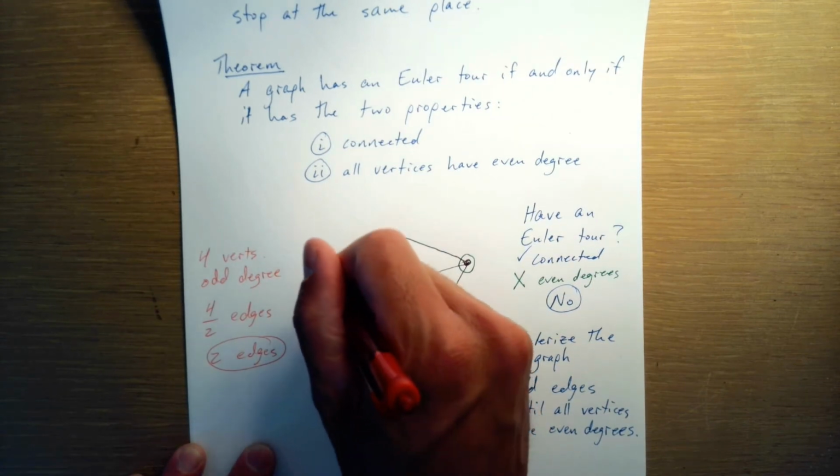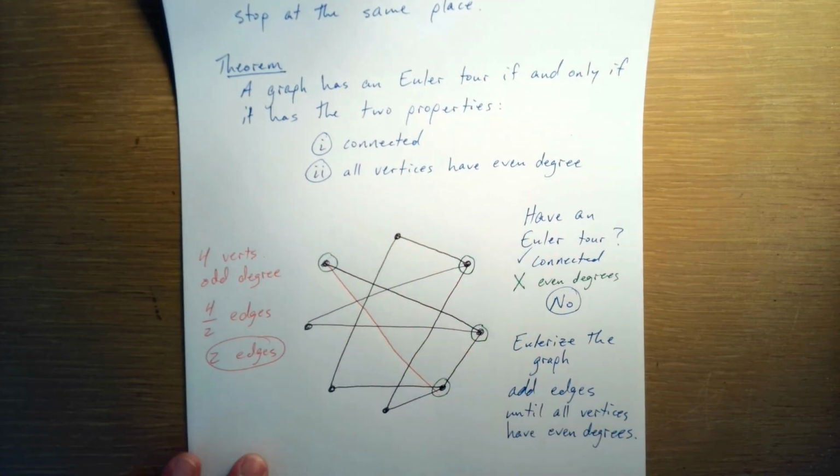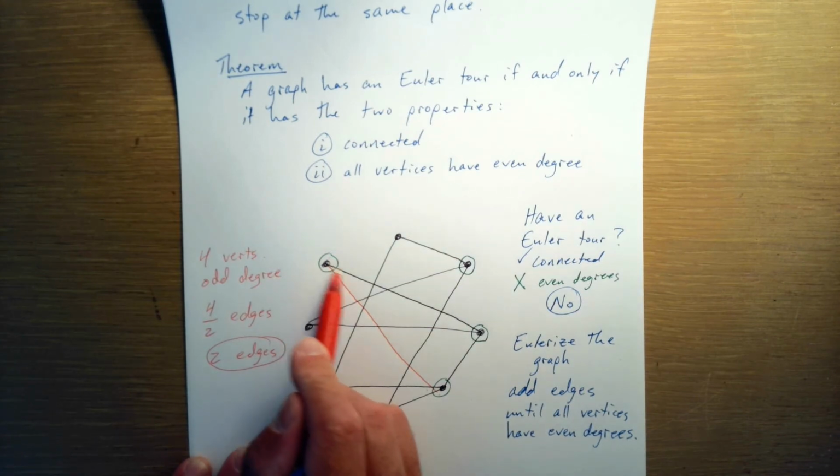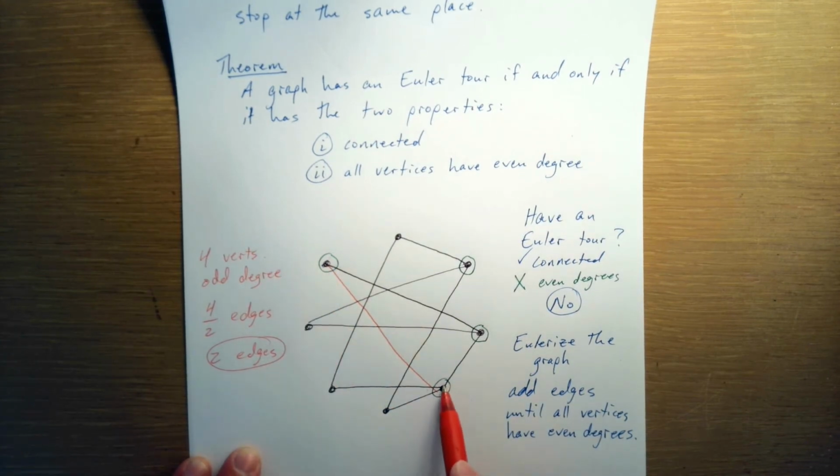So if I add this edge, that's supposed to connect to that vertex, now each of these vertices has its degree increased by 1, and it was odd, so now it's even. See, this one has degree 2 now, and this one has degree of 4. And so those are fine.